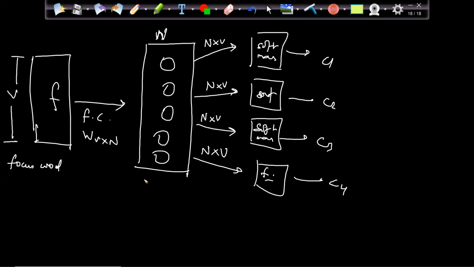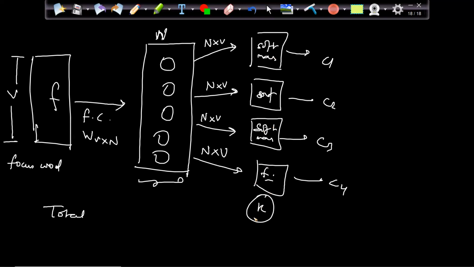Okay, this is my hidden layer, basically. Now, how many weights will I have in total here? Let's say I have K softmax, K context words.